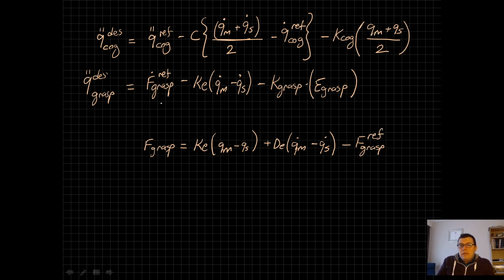So it's the same thing actually. F grasp reference minus this, minus something times this, would yield F grasp reference as a positive feed forward term in your equation.